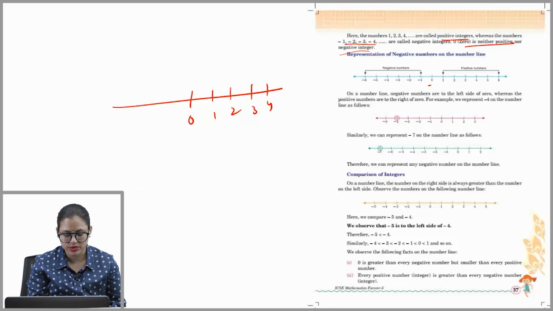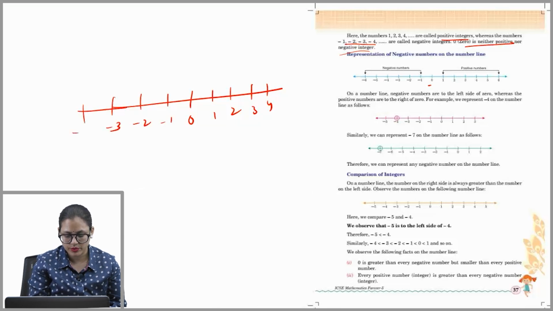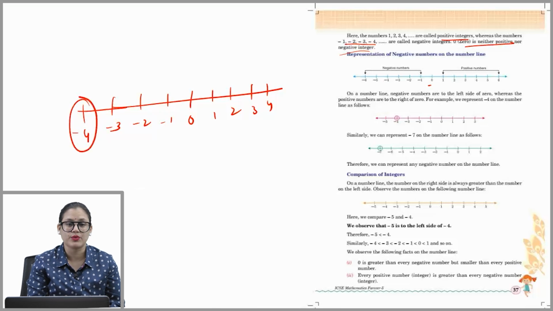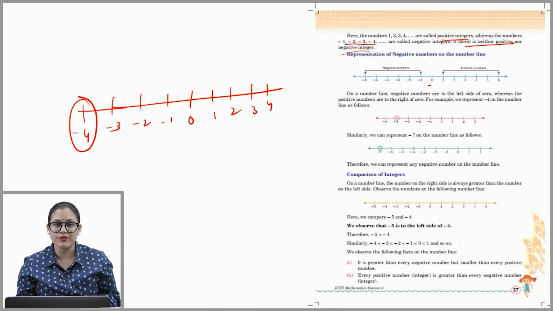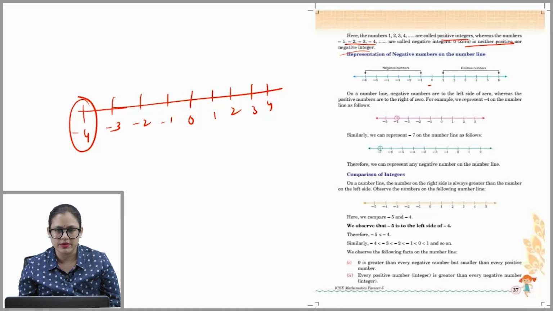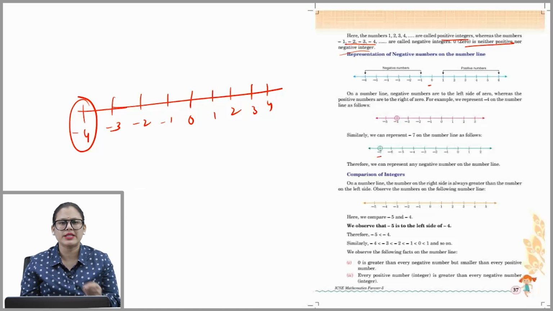These are the positive integers. Then minus 1, minus 2, minus 3, minus 4. This is minus 4. So to the left of 0, we have negative numbers. Similarly, you can represent minus 7 on the number line like this. This is the number 7. So we can represent any negative number on the number line.